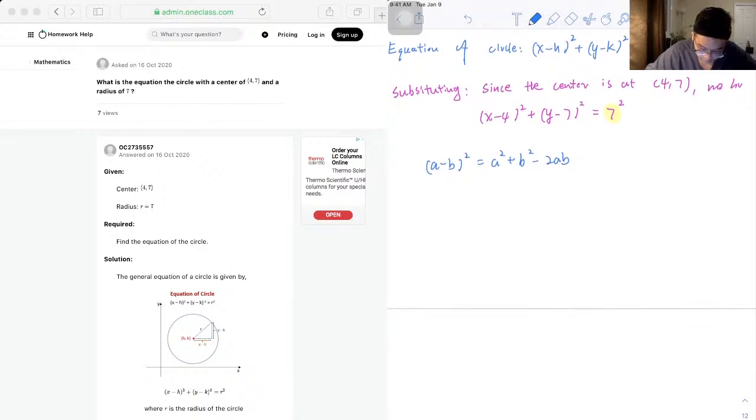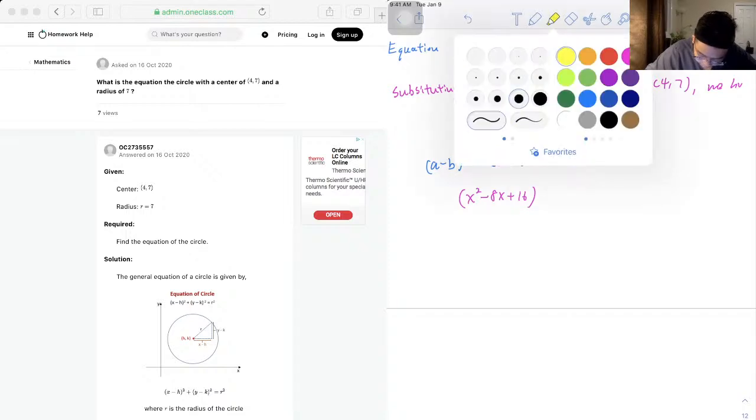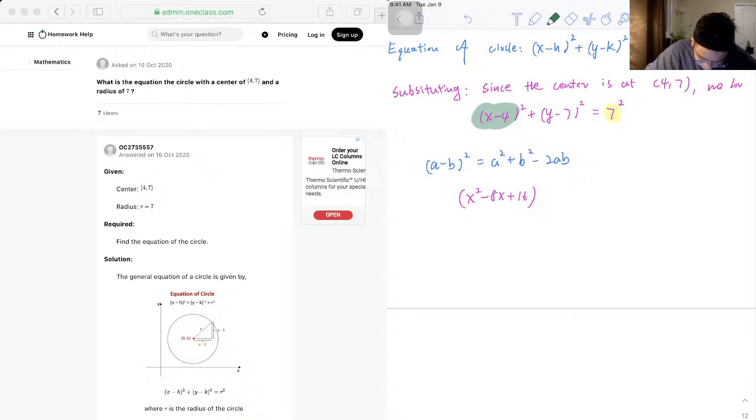So our original equation is going to be equal to x squared minus 8x plus 16. That's from the x minus 4 squared part, and plus y squared minus 14y plus 49.